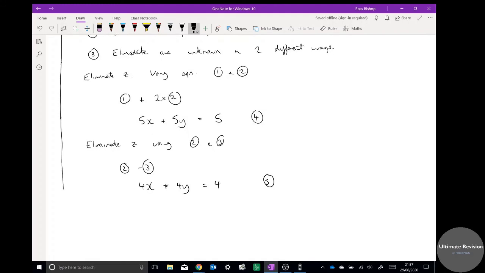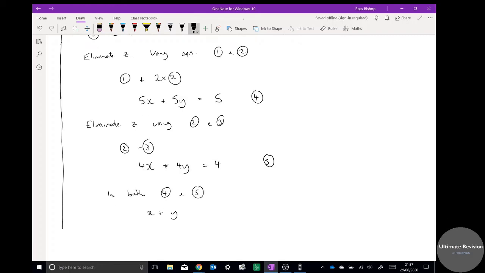So these 2 equations here, if I solve these 2, you will see in both 4 and 5, you'll see that they're the same equation. X plus y equals 5.